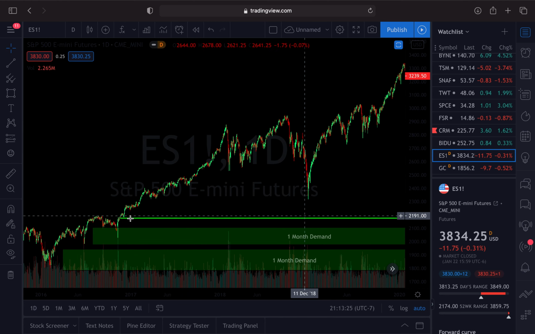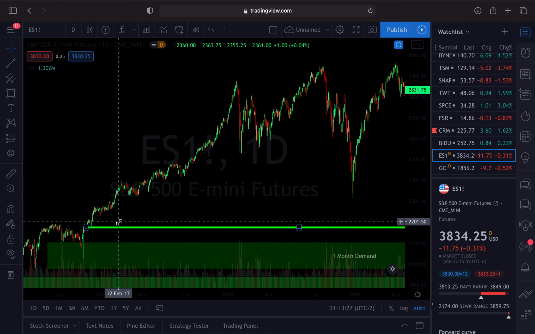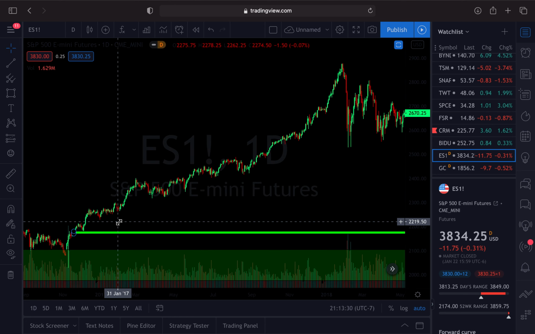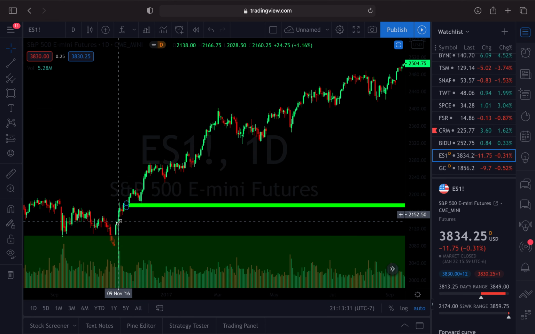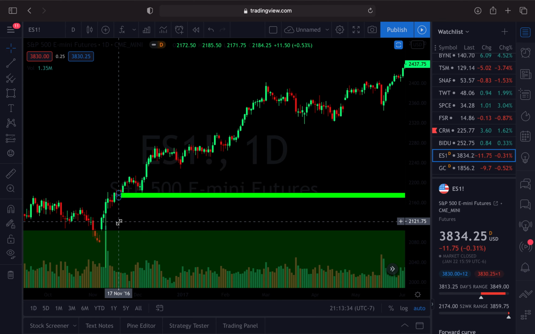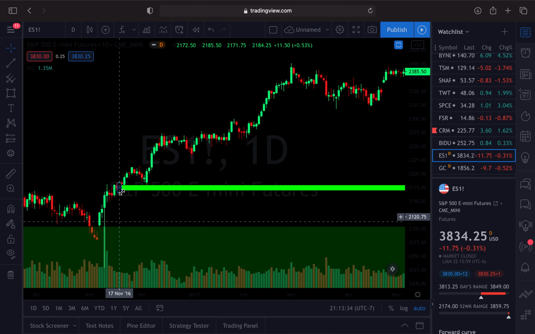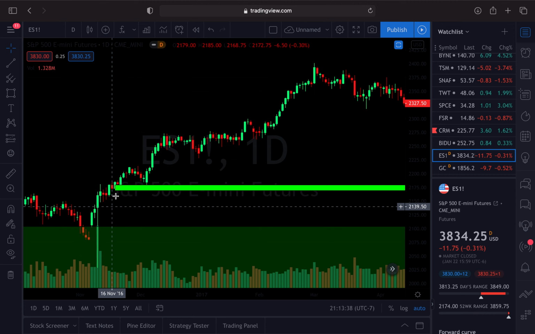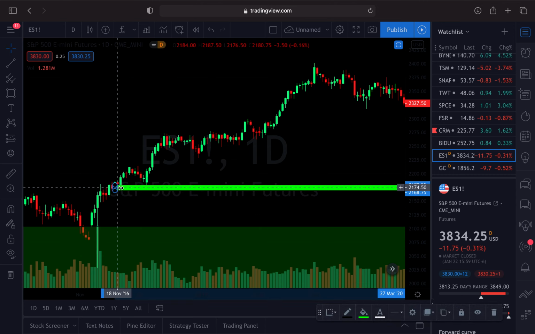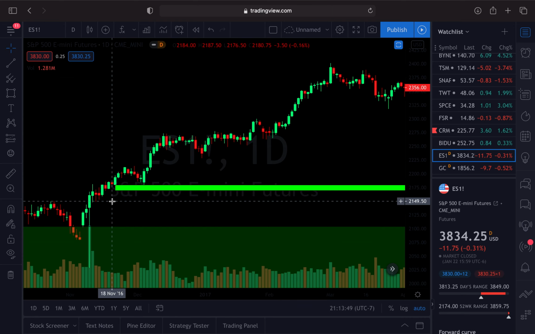Keep your eye on this zone. I'm going to move this zone out of the way just a tad. Boom. Look where that zone was charted right there.